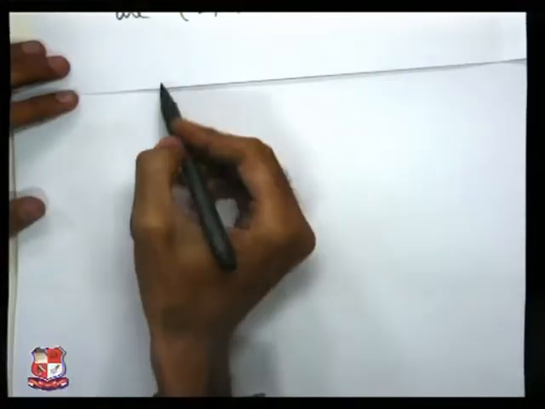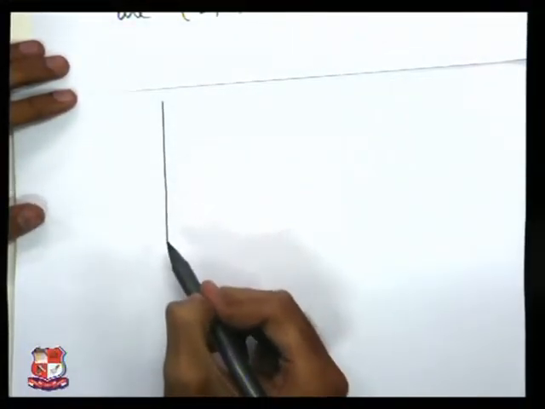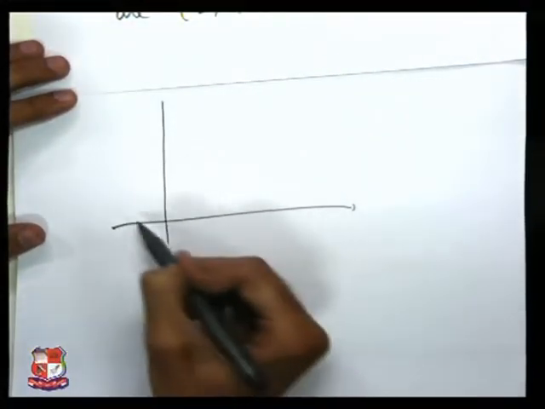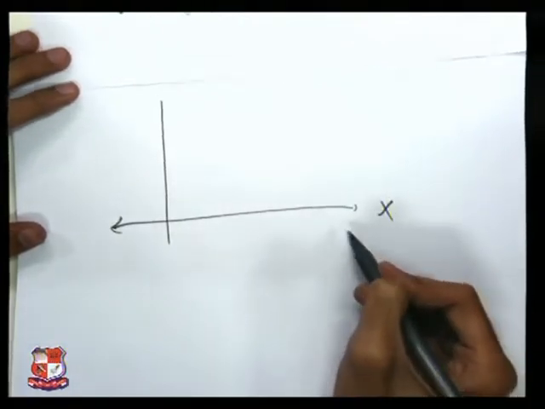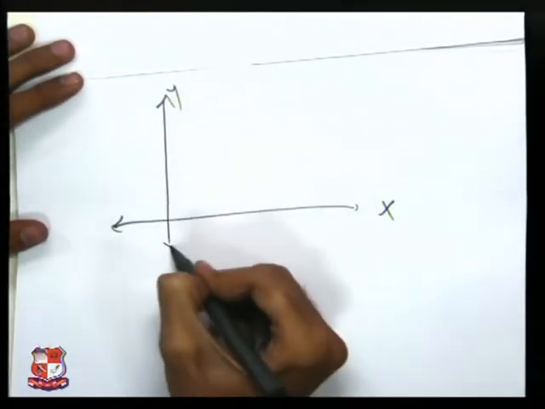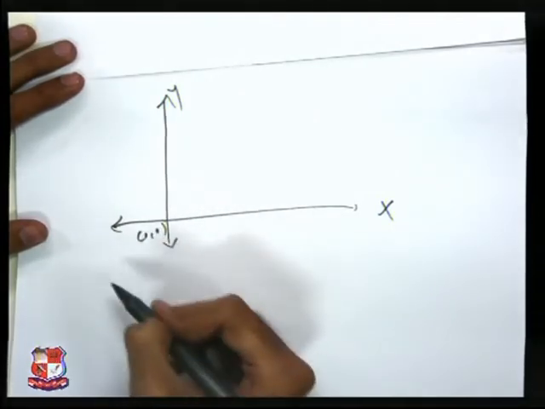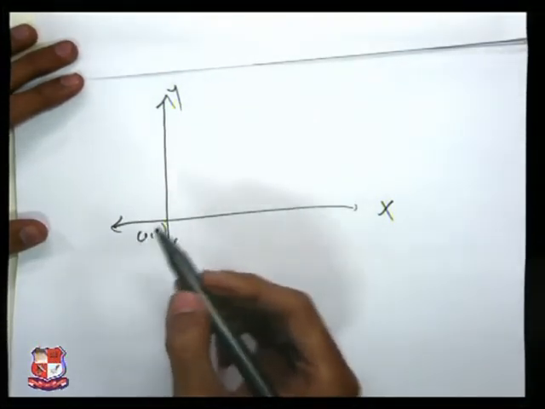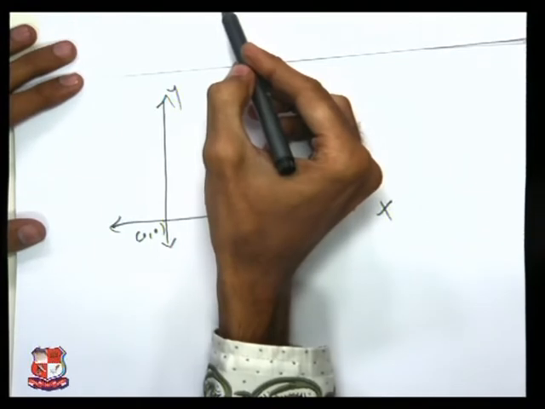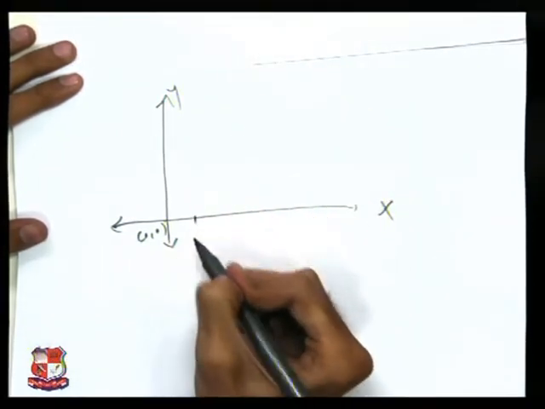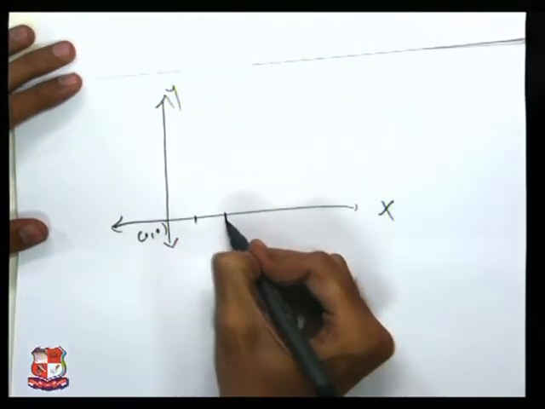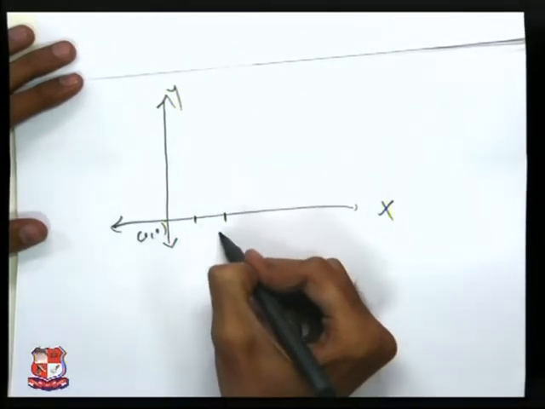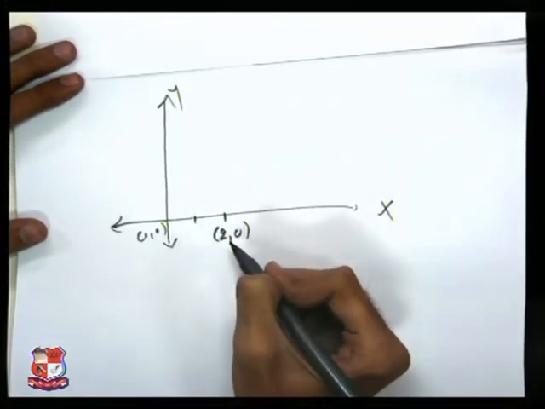So here if I draw the diagram, this is x-axis, this is y, this is (0, 0). Okay, here (0, 0). The first crossing point is (2, 0). If here is 1, here is 2, so this point is (2, 0).